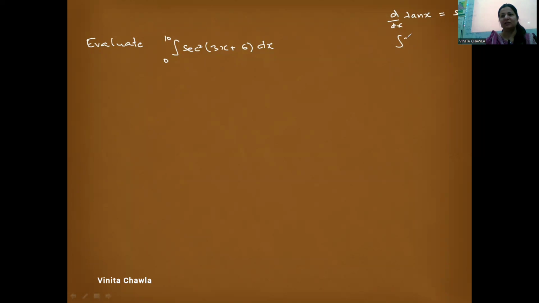So when we integrate sec^2 x dx, it is tan x plus c, right? So what should I write? Tell me. Sec^2 hai, so answer is tan. Okay. In the bracket we have 3x plus 6.